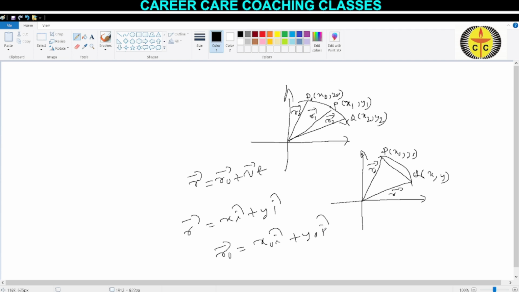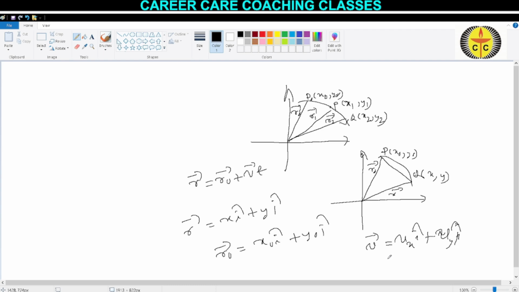And what will be V? V is equal to Vx i cap plus Vy j cap.